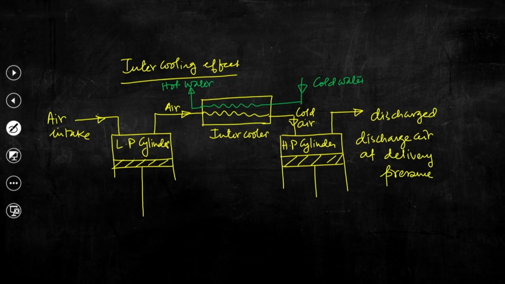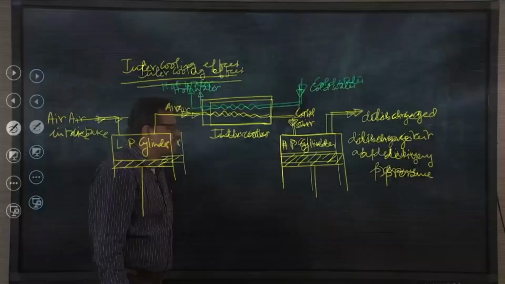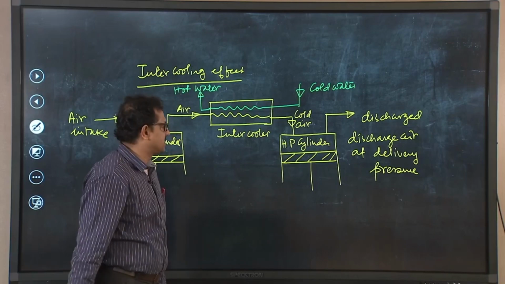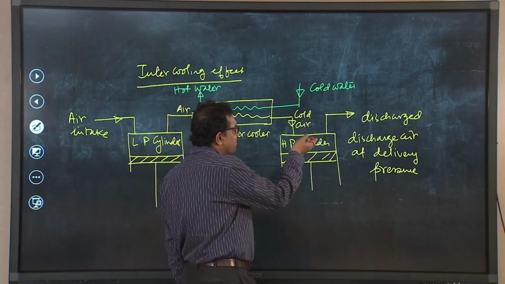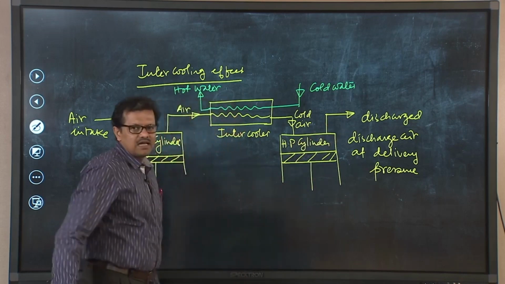So, the air releases heat to this water stream and water temperature increases. By releasing heat, we can reduce the temperature of air before it enters the second cylinder or second compressor. Ideally it should be very favorable for the compression process if we can reduce the temperature of the air as close as possible to the ambient temperature. That is not really possible, but we need to reduce the temperature, and finally the air will be compressed again and discharged at the delivery point.